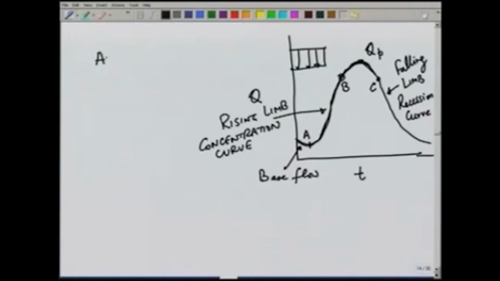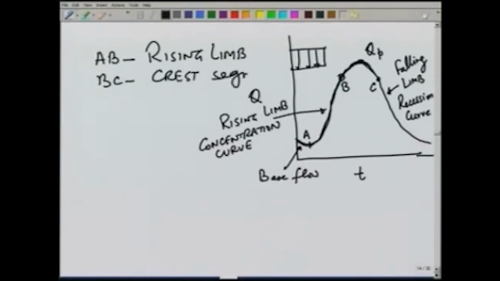So, AB is the rising limb, BC is the crest segment, and then from C to a point D is the falling limb.